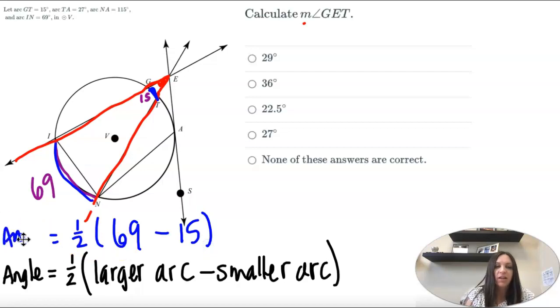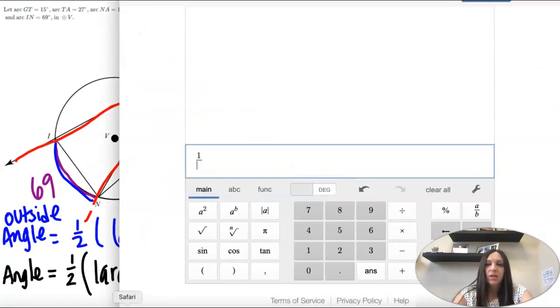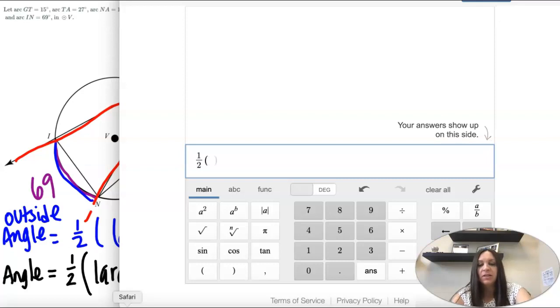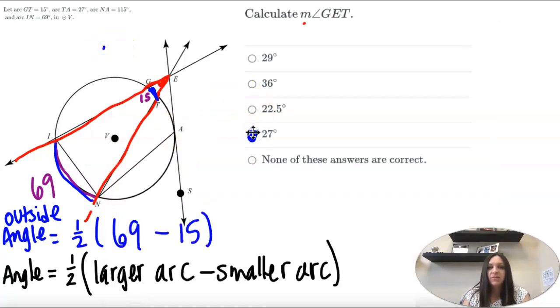And when we calculate that, we're going to get that outside angle from those secant lines. Okay, so 1/2, 69 minus 15. So 27 degrees is that angle. That looks like a 270. It should have been 27 degrees.